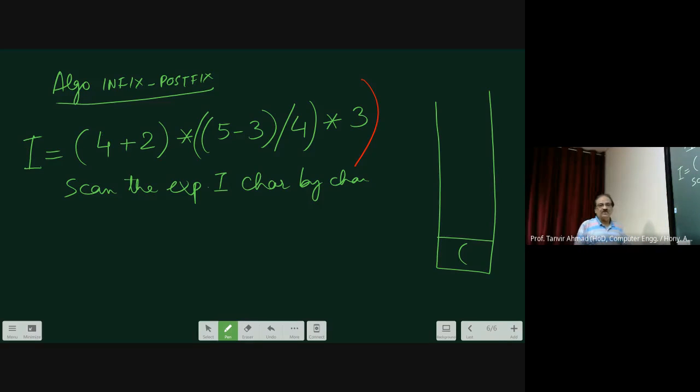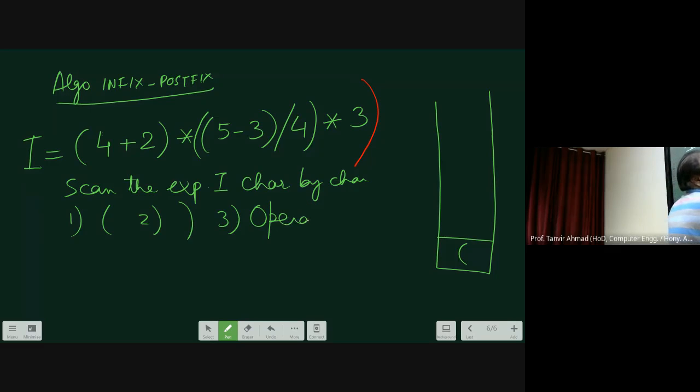Now once I scan the expression I, what all things will I get? I can get a left bracket, I can get a right bracket, I can get an operand, or I can get an operator.